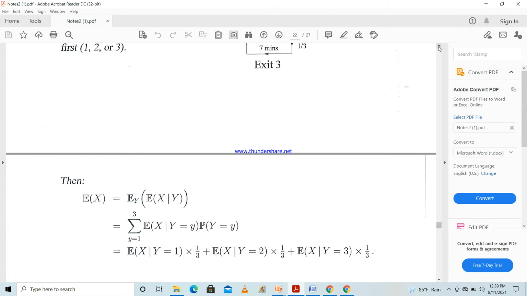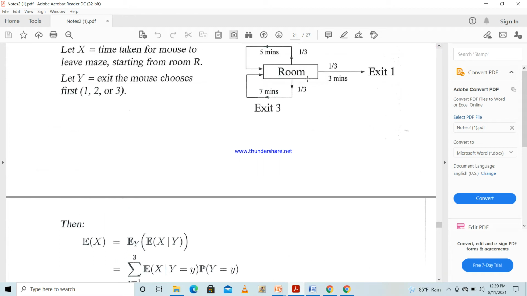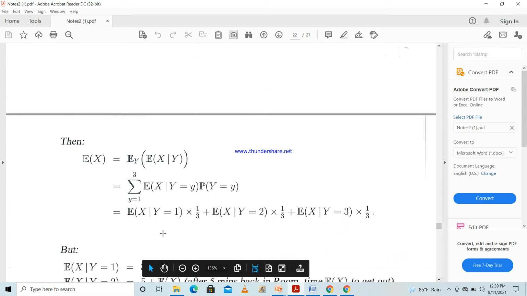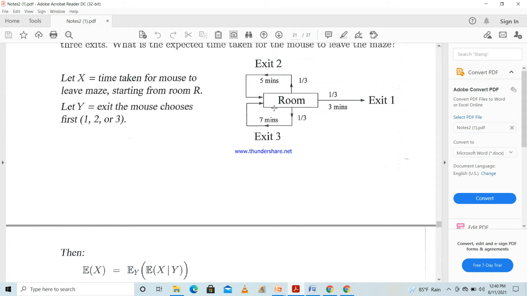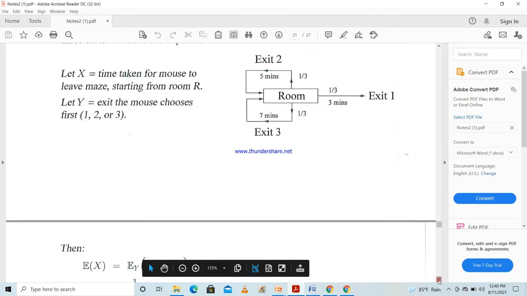If you take the first exit, Y equal to 1, the probability of taking the first exit is 1 over 3. Plus the expected value of X given Y equal to 2. You can see the probability of taking exit number 2 is again 1 over 3. The probability of taking exit number 3 is again 1 over 3.